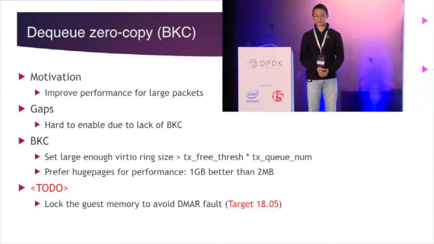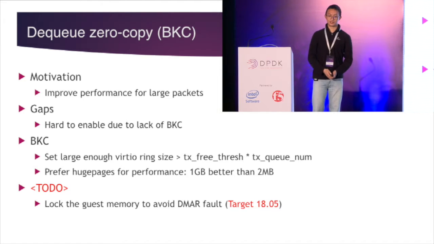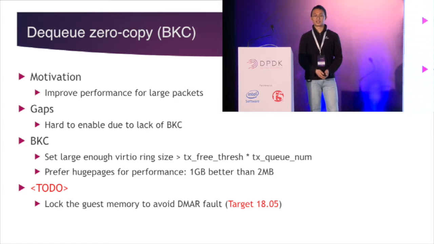So here we list two of them, which are the main constraints, the main guidelines to use to enable dequeue zero copy. One is that if you use zero copy, when you're trying to send out some packet, the packet will be held in the virtual switch, and you don't know when the packet will actually be sent out. So the descriptor will be occupied until the packet is sent out.